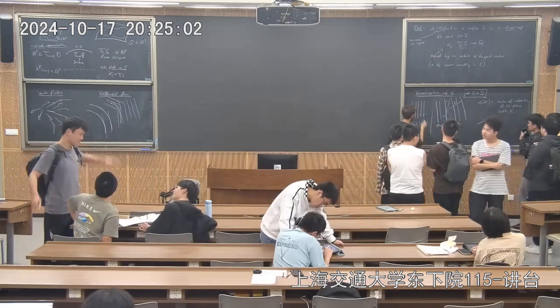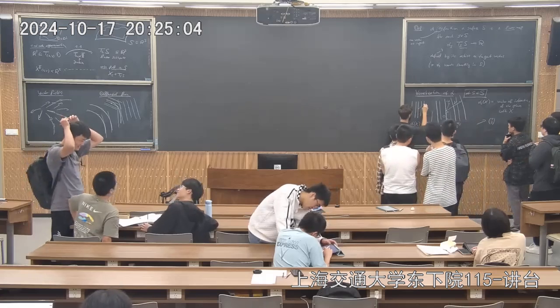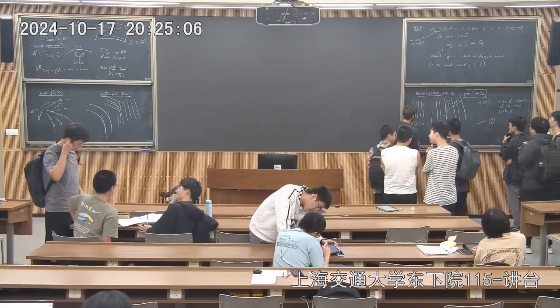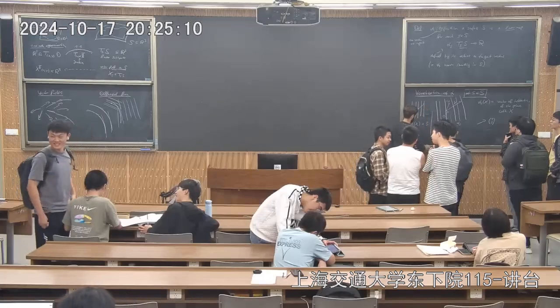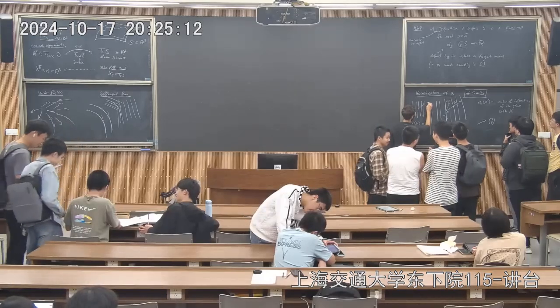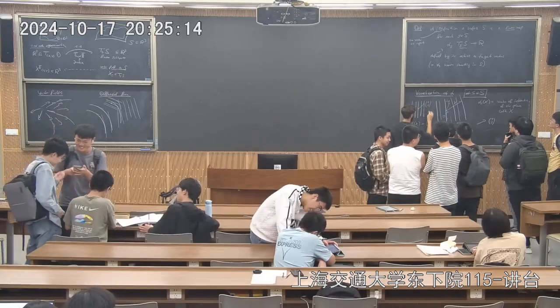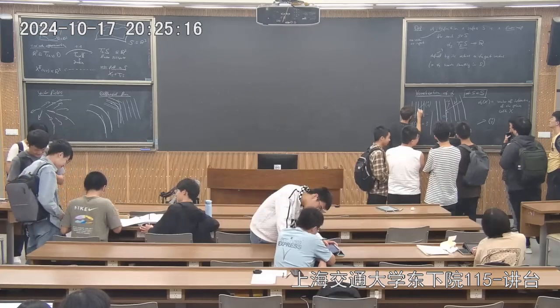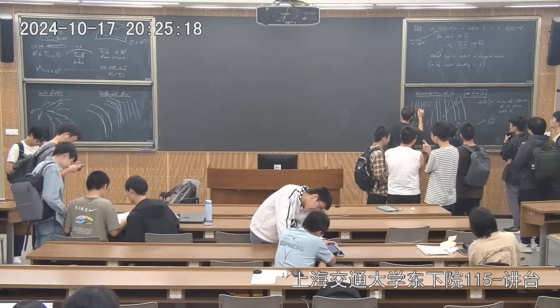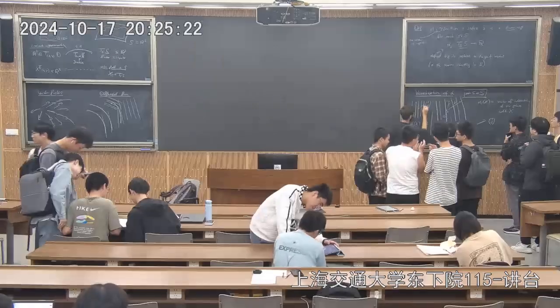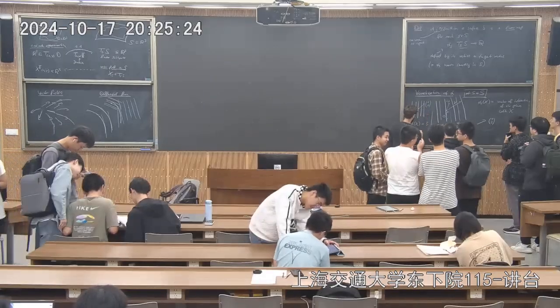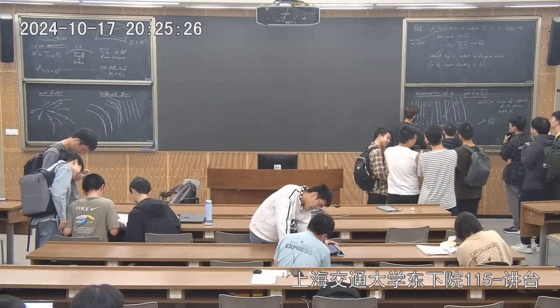What you now do is draw this vector and calculate the number. So it's this vector, 1, 1. Then I calculate the number of intersections, and in this case it would be 2. So alpha of (1, 1) equals 2.